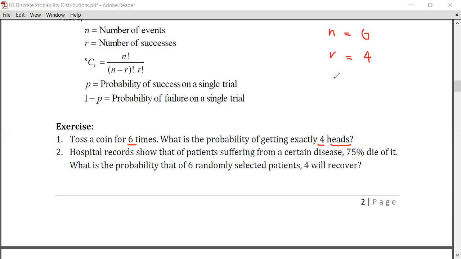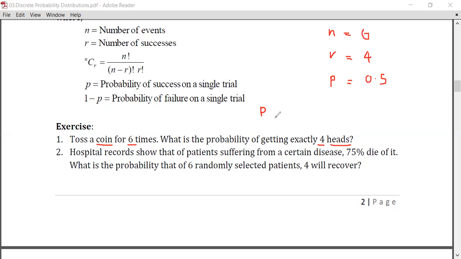Then you have to identify the success probability. Since it is not specifically said anything about this coin, we will consider it a fair coin. If it is a fair coin, we have an equal chance of getting head and tail. Therefore, p is equal to 0.5. Now you have to apply this in the equation.